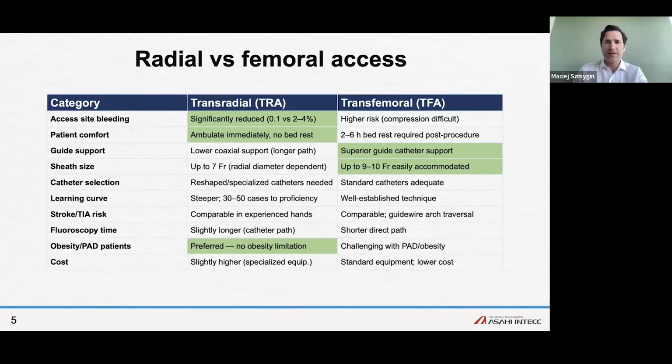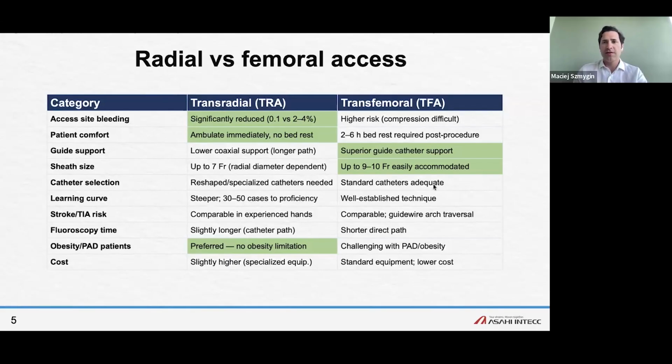There is no need for bed rest, which is still better than any type of closure device or any type of pressure applied to the femoral access. Regarding guide support, some say radial is inferior, but now with so many products and very good catheters, we think it is almost the same, though it may be perceived as a drawback that femoral access has better support.